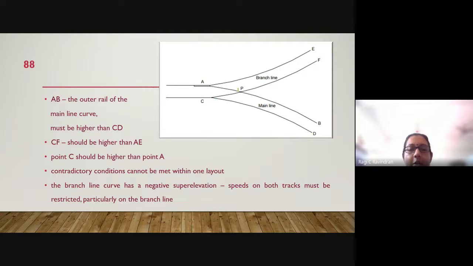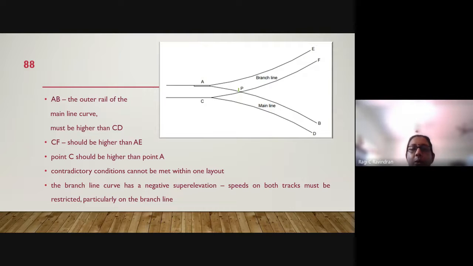Okay, you cannot meet all these things in that branch line. So in that branch line, you will have to provide a negative super elevation. The value of super elevation will be minus. That's why we are calling it negative super elevation.